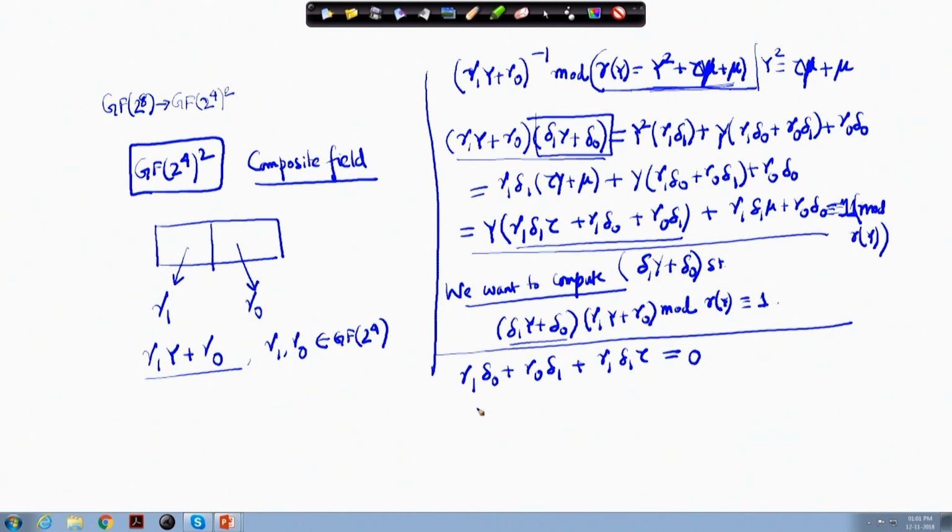The other part, gamma 0 delta 0 plus gamma 1 delta 1 mu, is equal to 1. So I have two parts here, and I want delta 0 and delta 1.